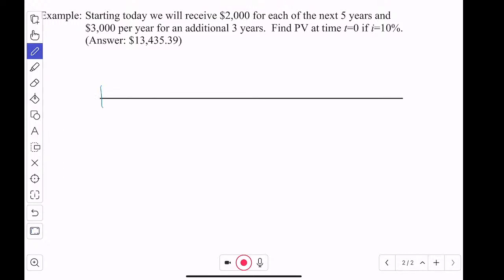So today, for each of the next 5 years, now, for 5 payments, it's only 4 years have transpired because the first one is today.